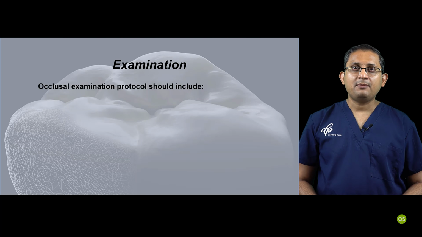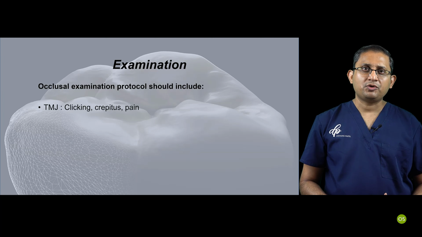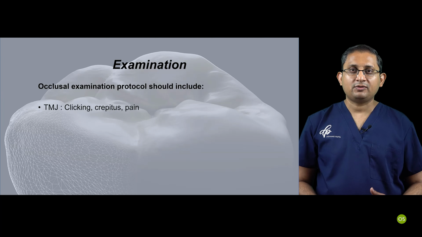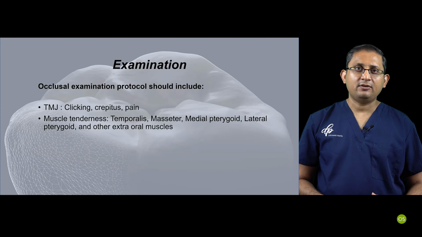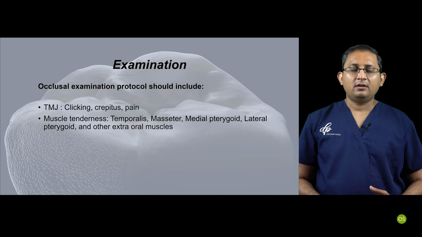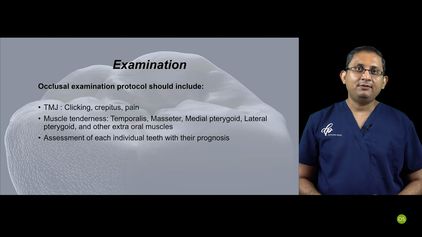When I'm doing an occlusal examination, I'm looking at the temporomandibular joint for clicking, crepitus, or any pain. Same thing with the muscles of mastication, whether the patient has any pain during function or non-function. I would then assess individual teeth for vitality, mobility, and prognosis by doing a clinical assessment.